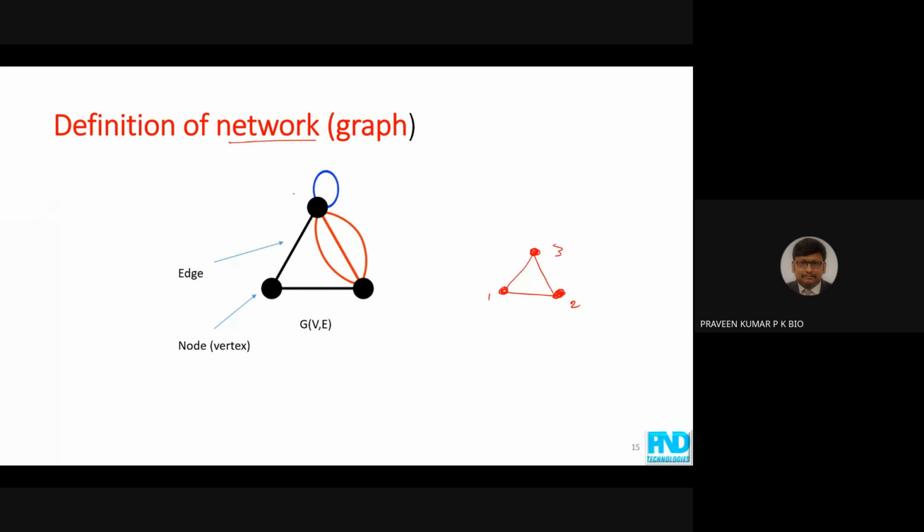In this network, you can see node 1, node 2, node 3. See here, in this 2 to 3 connection, we have three different paths, A, B, C. Which is the shortest path out of all these? Anyone can mention the shortest path.